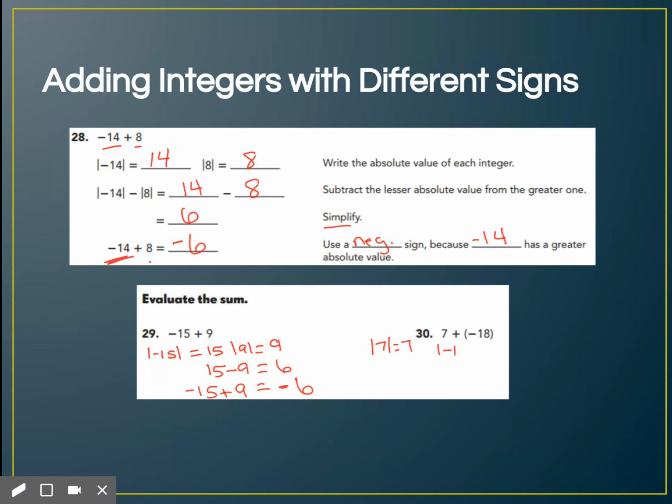The absolute value of negative 18 is 18. So I'm going to subtract, always putting the larger digit first. 18 minus 7 is 11. So my original problem was 7 plus negative 18. Because our larger digit is negative, our answer is negative 11.